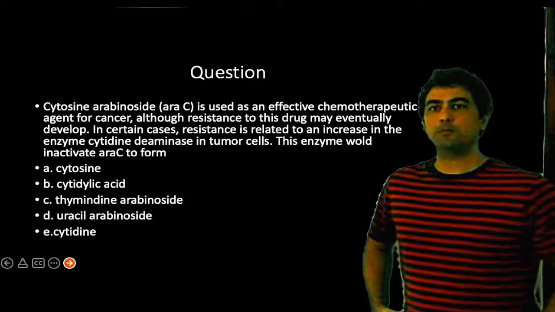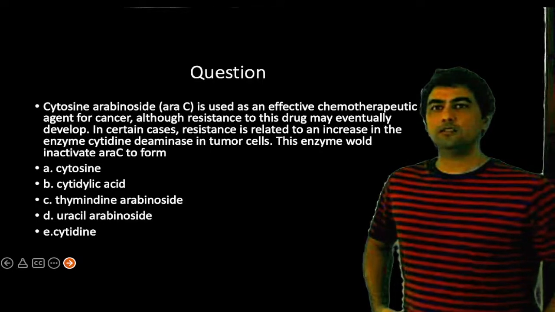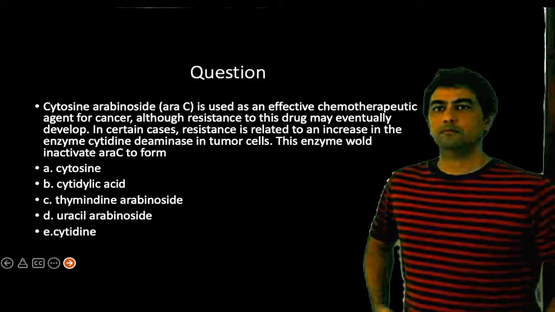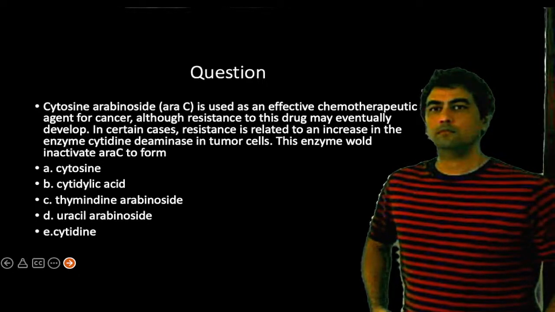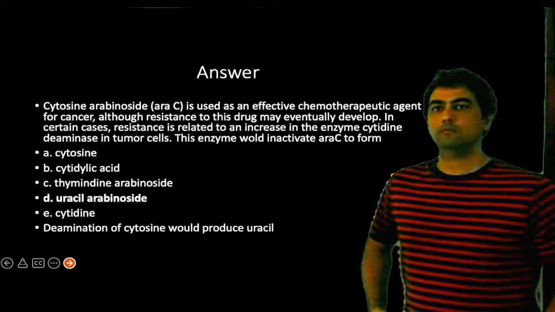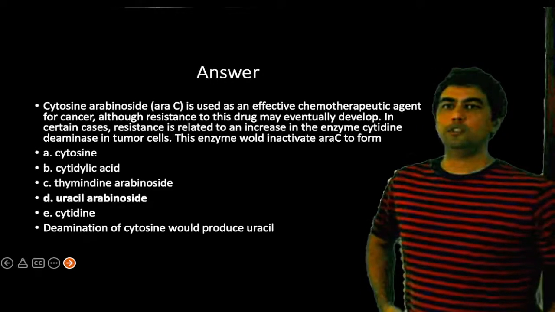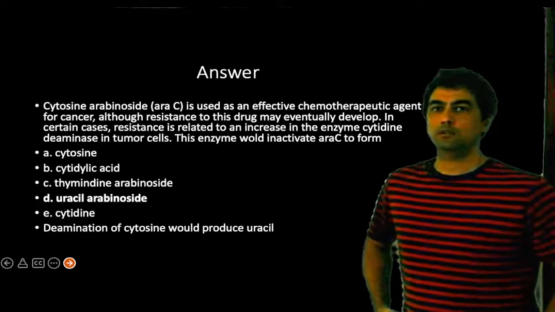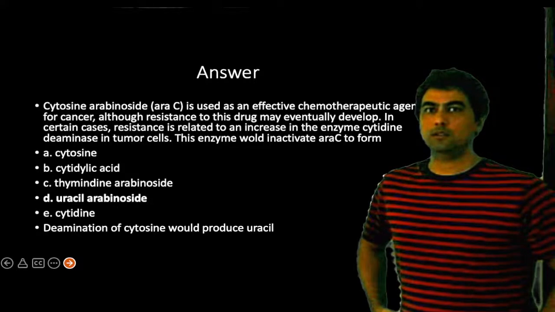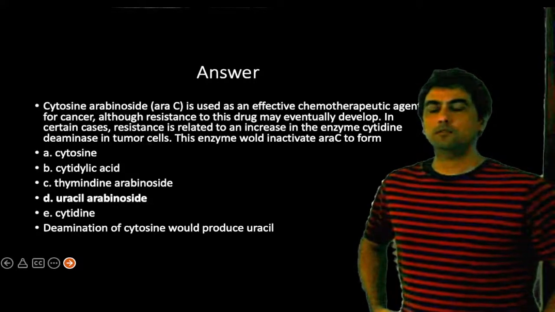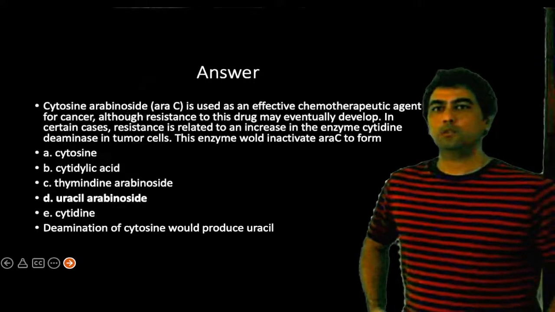This enzyme would inactivate Ara-C to form uracil arabinoside. This is cytosine deamination resulting in uracil arabinoside.